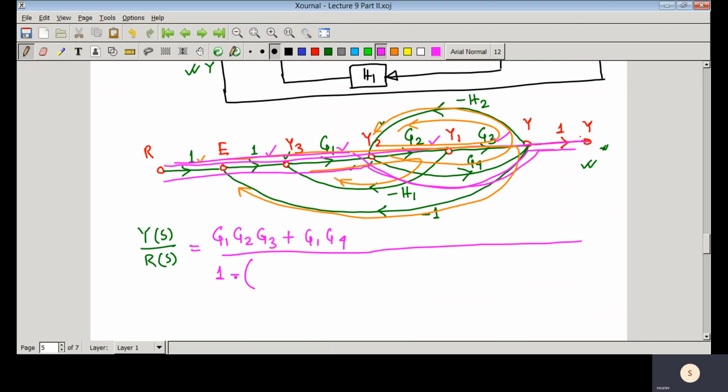The first loop is G1 G2 H1 with a minus sign.